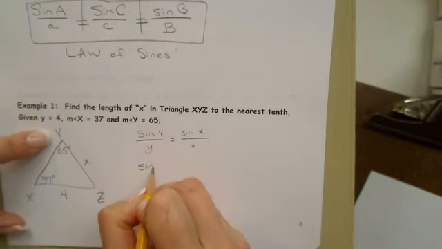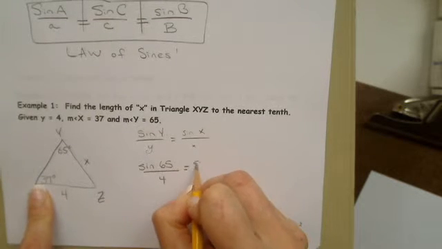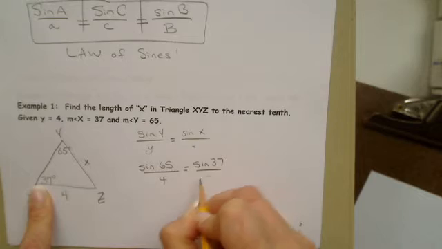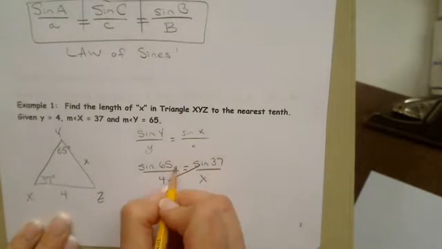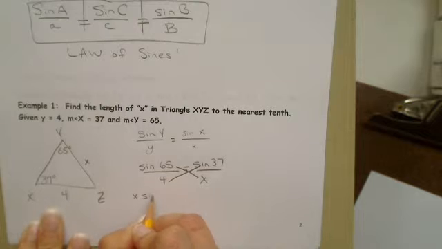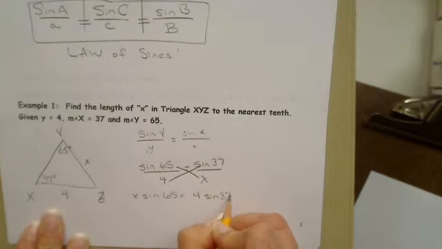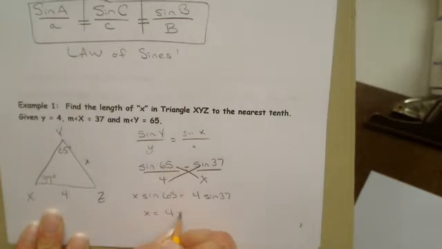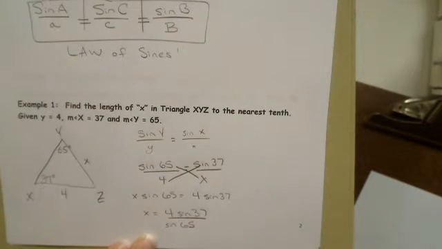So sine of 65 over 4 will equal sine of 37 over x, and we can cross multiply to solve this proportion. x sine 65 equals 4 sine 37, or x equals 4 sine 37 divided by, oops, I forgot sine of 65.